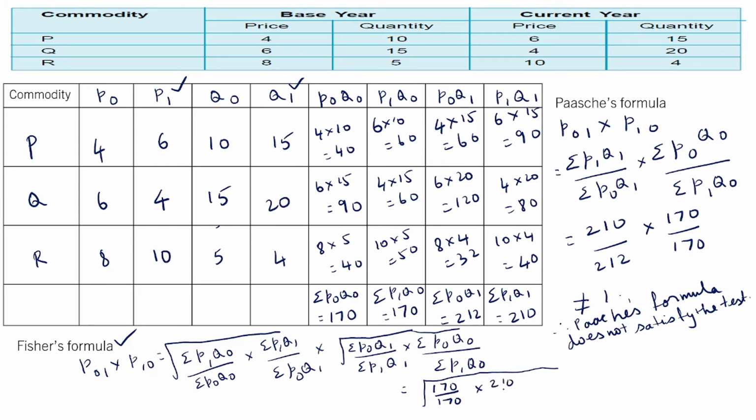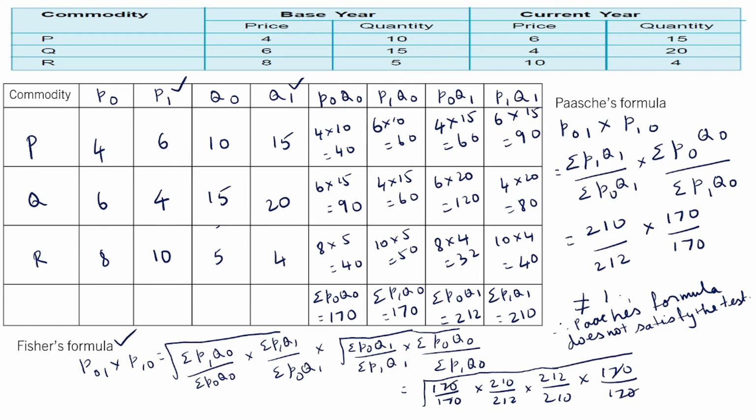So this is 210 upon 212 into, then summation P0 Q1 is 212 and summation P1 Q1 is 210, so it is 212 upon 210, then into summation P0 Q0 is 170, summation P1 Q0 is also 170. So it is 170 upon 170.